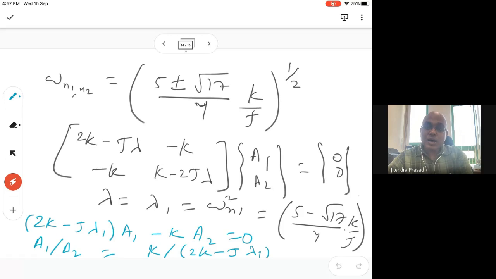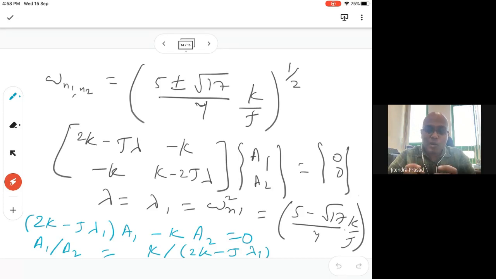So the ratio is a function of lambda. Depending on which lambda you put, you will get corresponding A1, A2, and not necessarily a negative number. It's possible that you get both positive, but one gets a smaller value, the other a larger one.